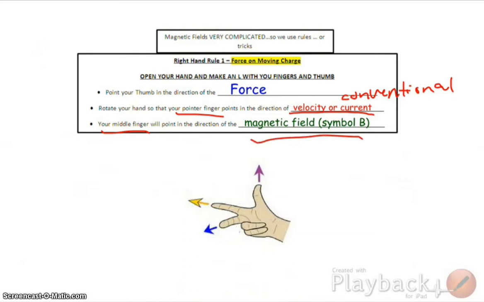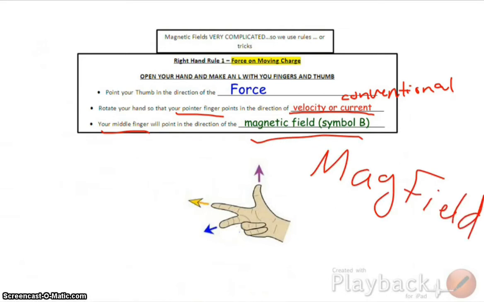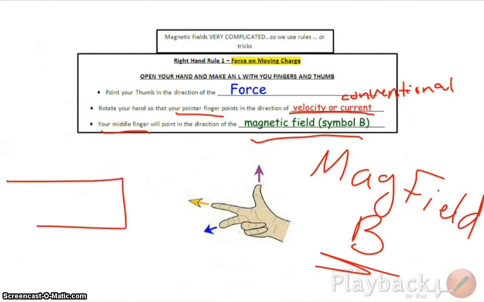The symbol for magnetic field is B. In the last lesson, we drew magnetic field lines. We had magnets, and we drew magnetic field lines. Well, B is the direction that those magnetic field lines are pointing in.